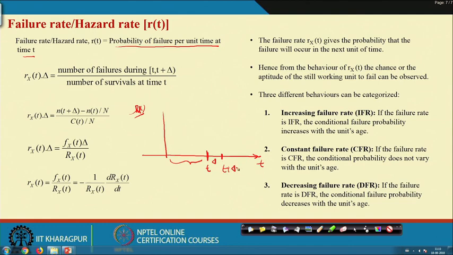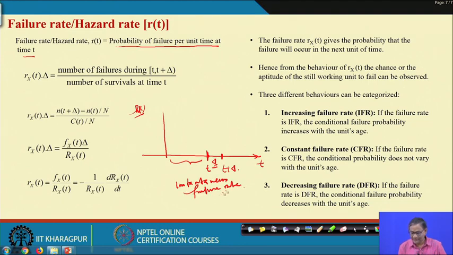Now this is the probability that the unit, having survived up to time t, will fail within this small interval delta t. That is the hazard rate. That is why it is also known as failure rate, or more precisely instantaneous failure rate. This delta is a very small amount of time.